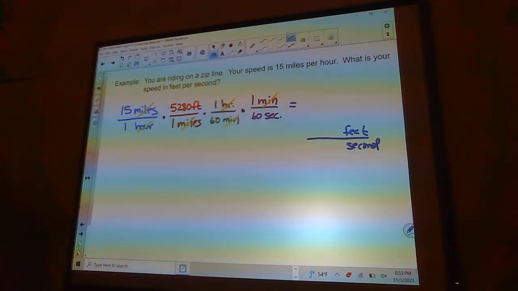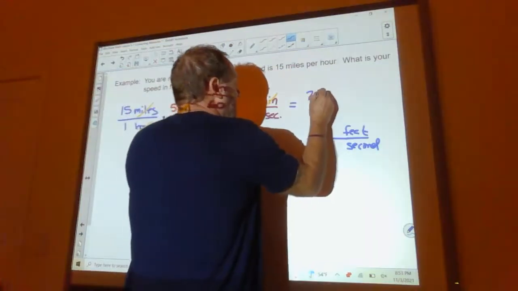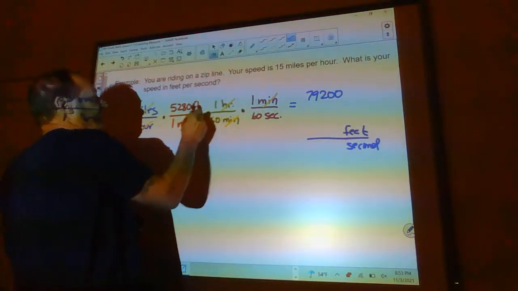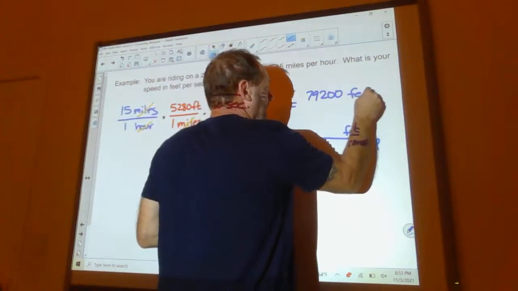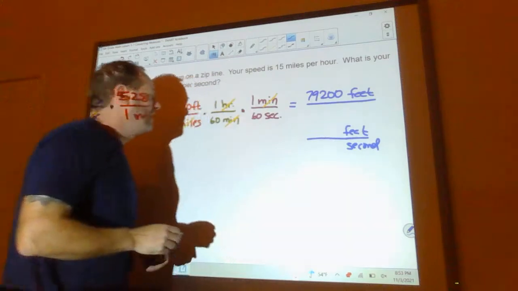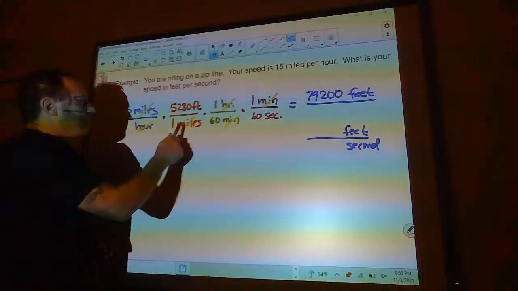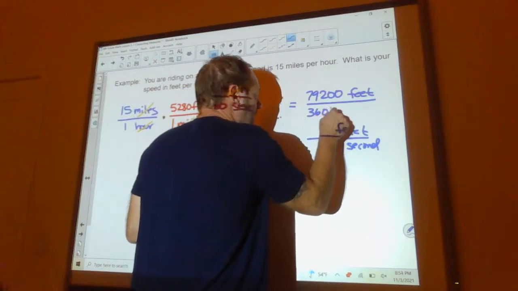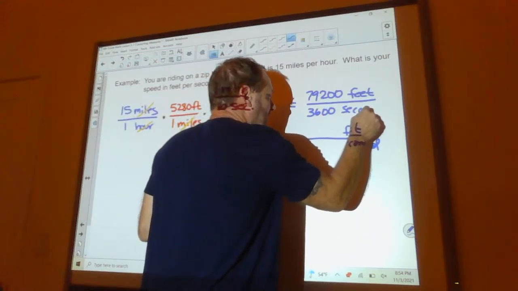So on the top, I'm going to have 15 times 5,280 times 1 times 1. That's going to be 79,200, and my units are feet. And then on the bottom, I have 1 times 1 times 60 times 60. That's going to be 3,600 seconds.